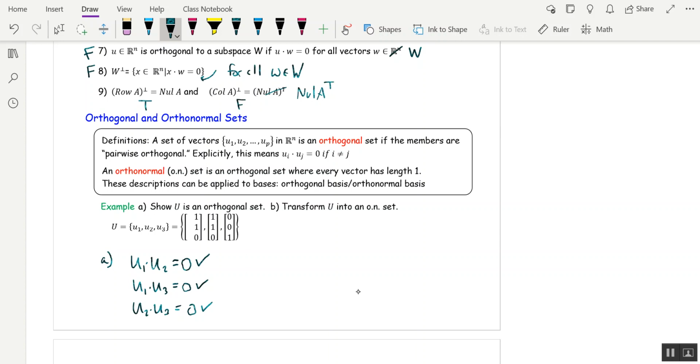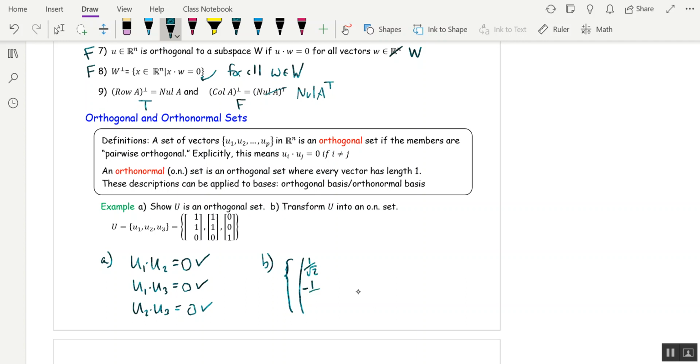Now you can take any orthogonal set of non-zero vectors and transform it into an orthonormal set by dividing each vector by its length. For example, if I take this vector and divide it by its length, it's going to have length 1. So let's do that. The length of U1 is the square root of 2, so divide by root 2.